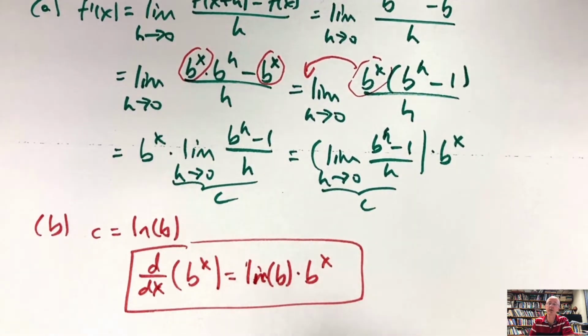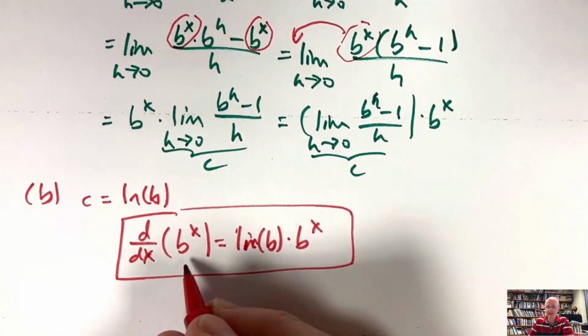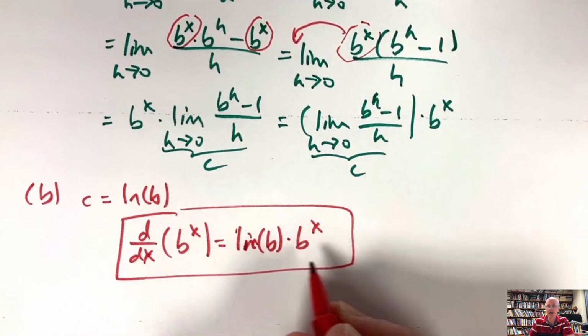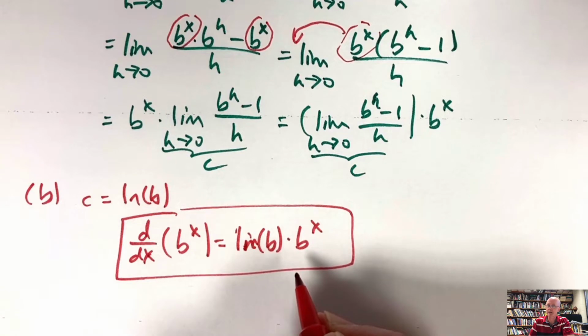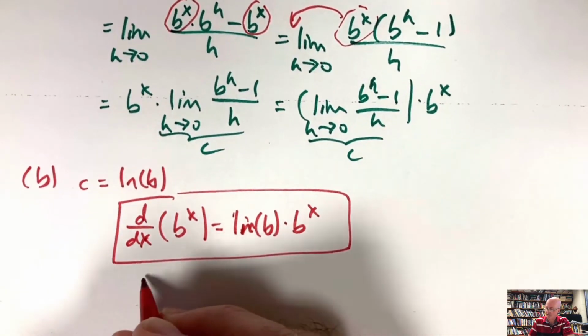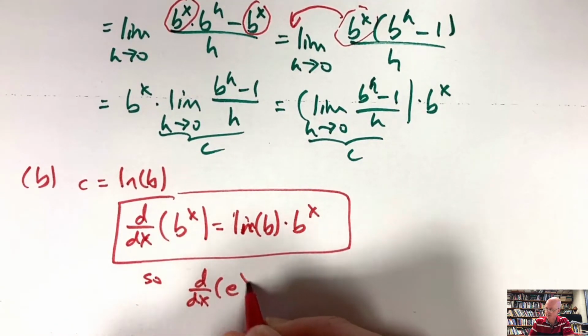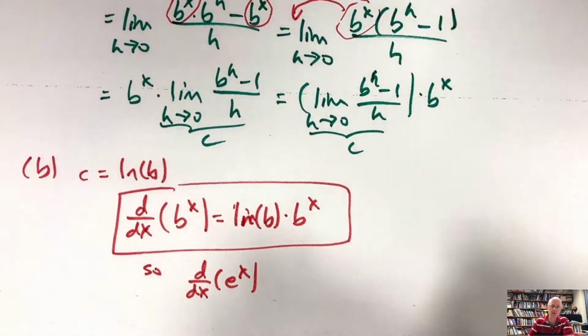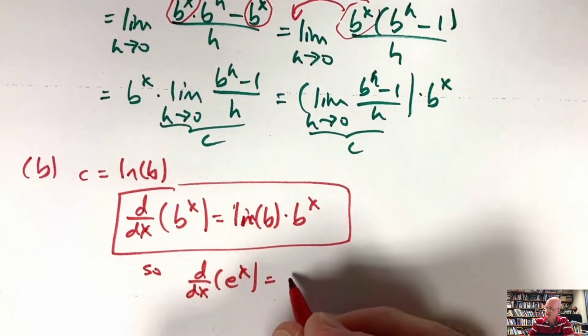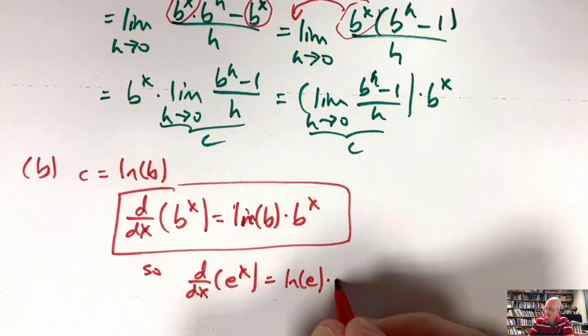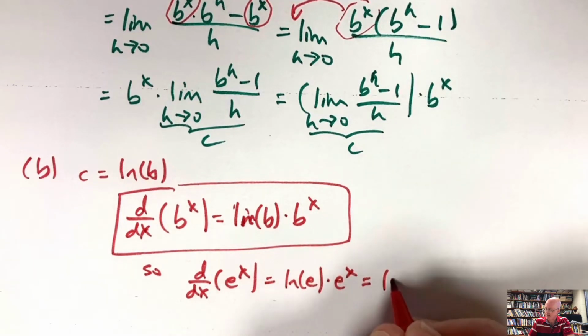Think about it in the case where b equals e. This would imply the derivative of e to the x is natural log of e times e to the x, but natural log of e is 1. You get 1 times e to the x, just e to the x. So the derivative of e to the x, where e is the special number that's about 2.71828, blah, blah, blah, is natural log of e times e to the x, but natural log of e is 1.